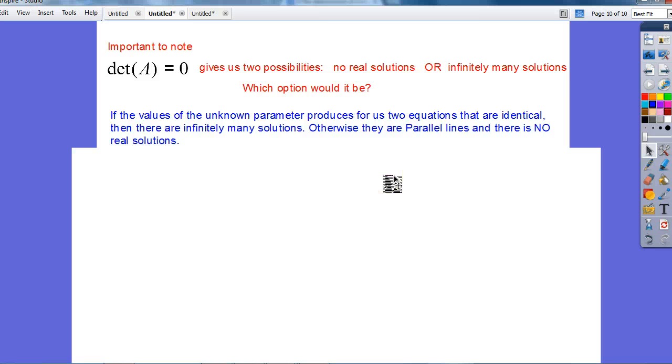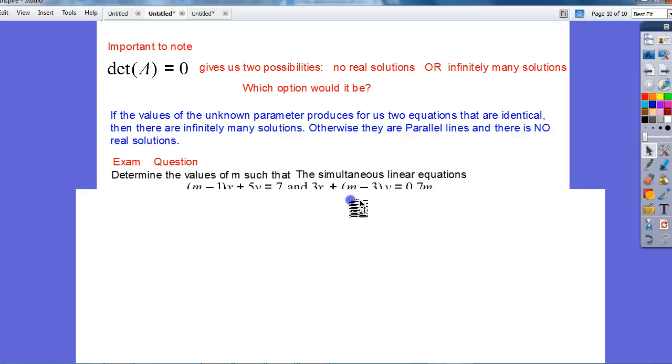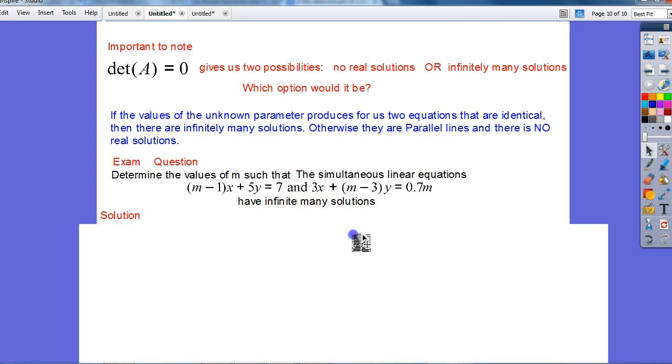Otherwise, they are parallel lines and there is no real solution. So if we work out the value of the unknown parameter, we substitute that back into the equations and check to see if we end up with two equations that are the same. And if that happens, we've got infinitely many solutions.